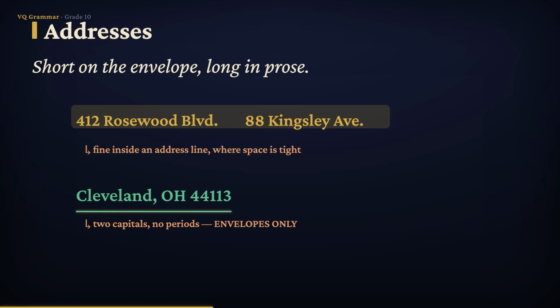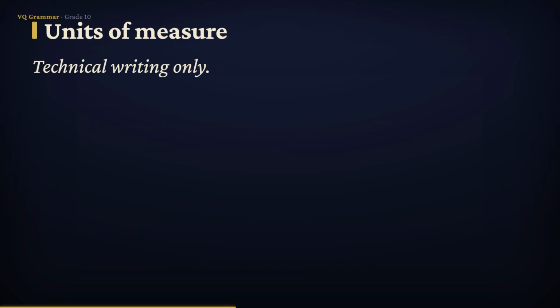Cleveland, OH, 44113. CA for California, TN for Tennessee. But hear me clearly on this. Those postal codes belong on envelopes only. If you're writing a sentence, you spell it out. She grew up on Rosewood Boulevard in Cleveland, Ohio. Every word in full.